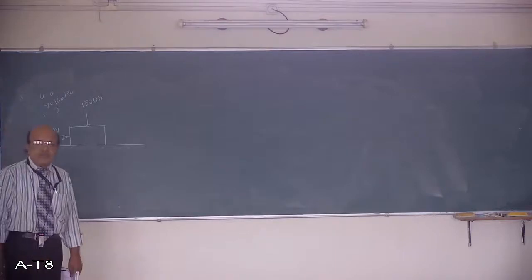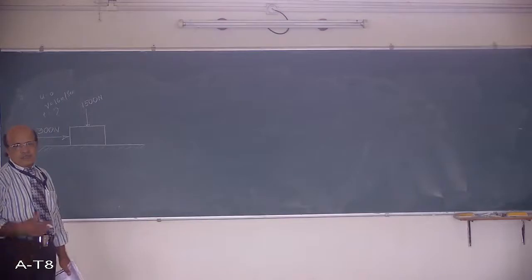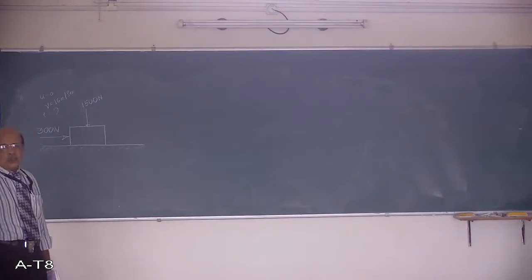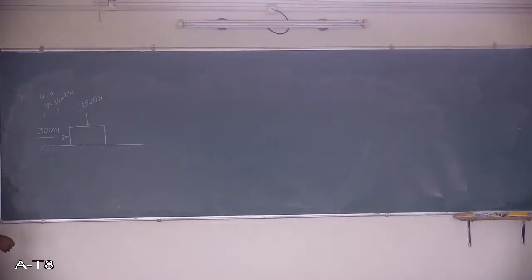And second, if you remove that force after achieving 16 meters per second, how much time does it take to stop, that is, for the velocity to become 0. The second step is that u is 16 meters per second and v becomes 0 meters per second, and what is the time required for this?